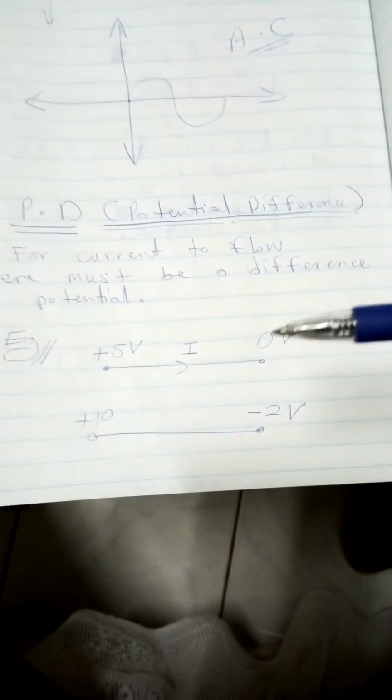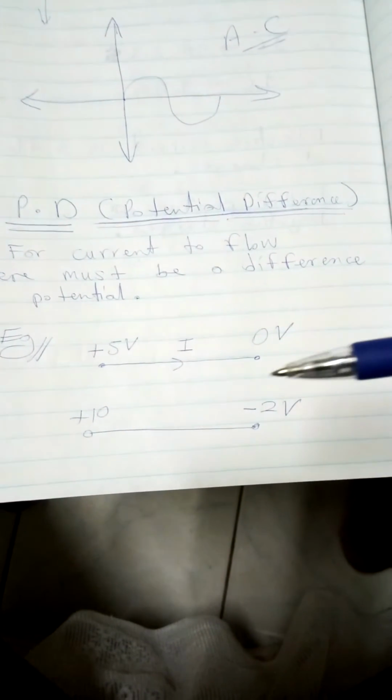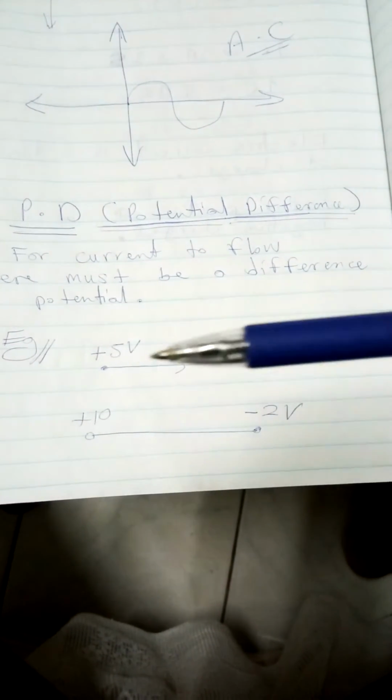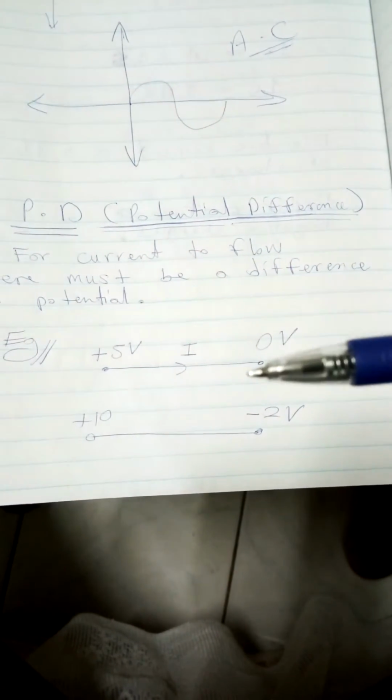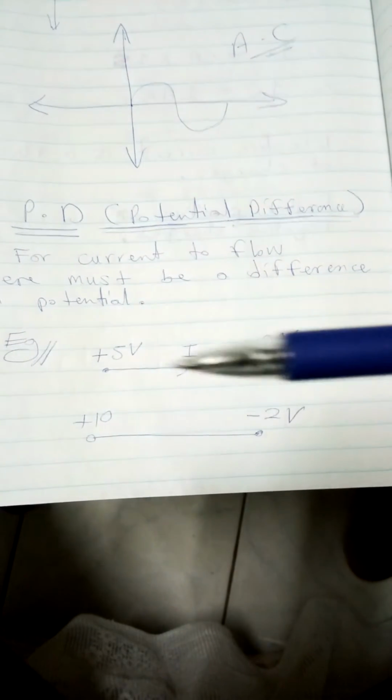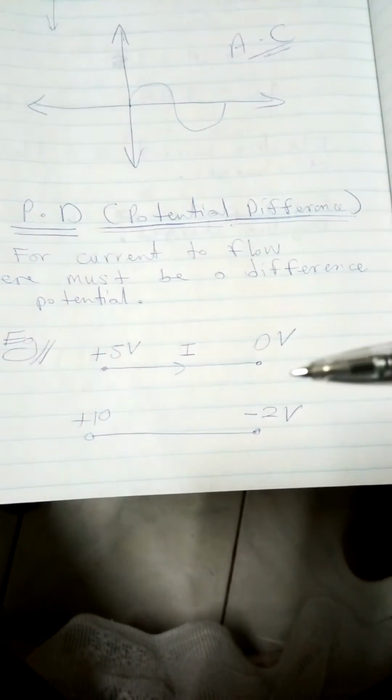Anywhere we observe moving charges, there must be a potential difference. What we'll see later on is that once there's a potential difference, there's also an electric field. We're going to be doing fields in detail, but I'm just telling you now that once there's a potential difference, there has to be an electric field. Once there's an electric field, there will be a force on each electron in the wire.